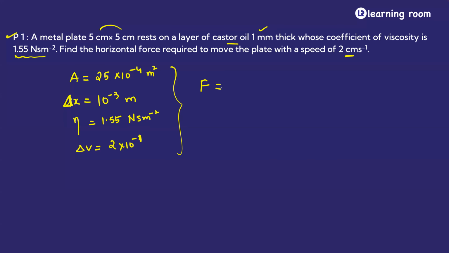So F is equal to eta A delta V by delta X. A is 25 into 10 power minus 4, into this eta is there, that is 1.55, into delta V by delta X, that is 2 into 10 power minus 2 divided by delta X, which is 10 power minus 3. Can you calculate and tell me?